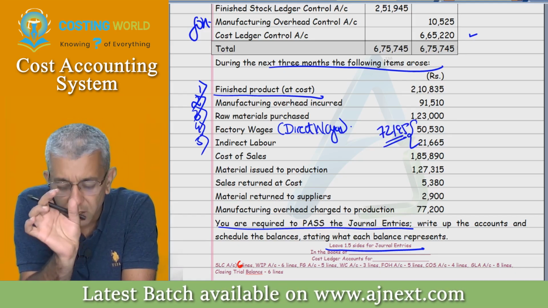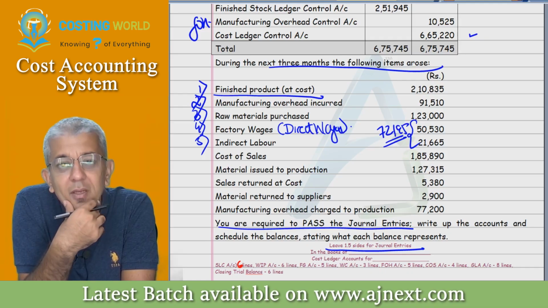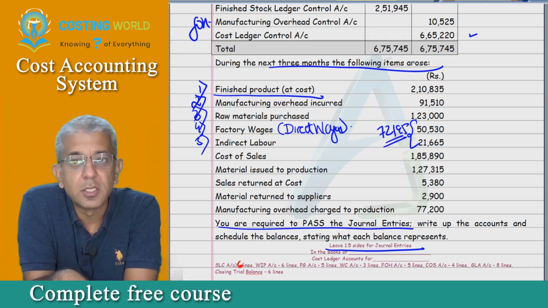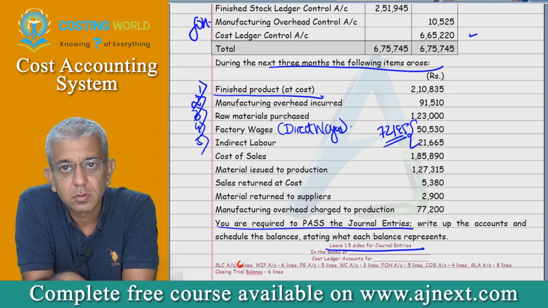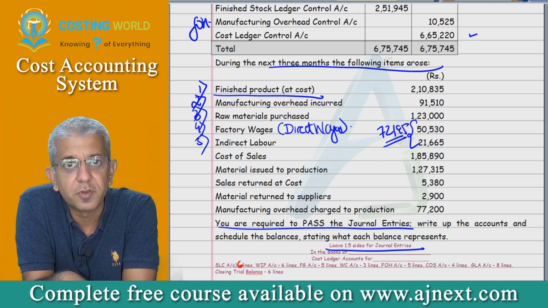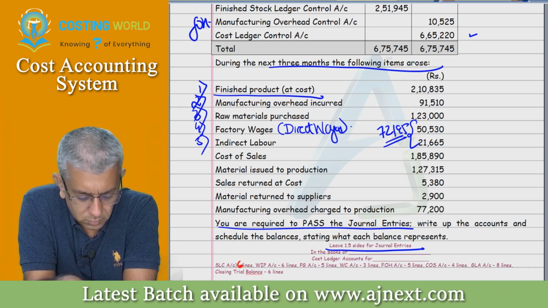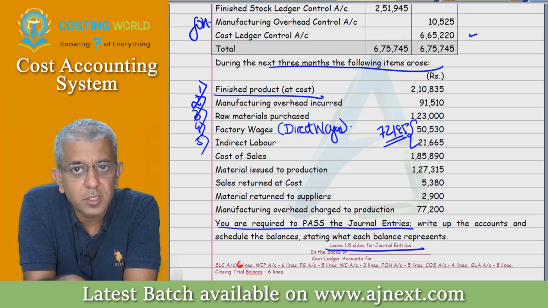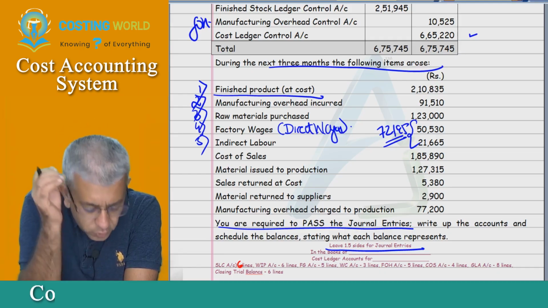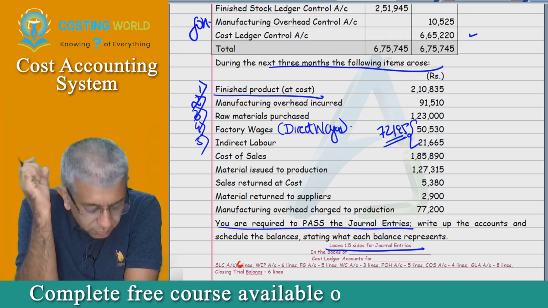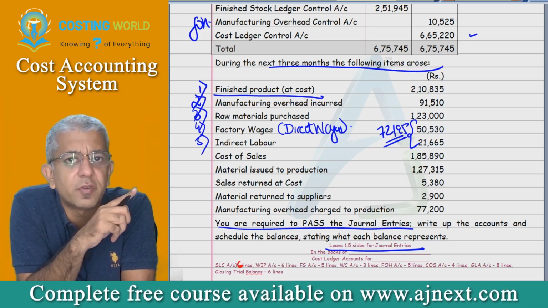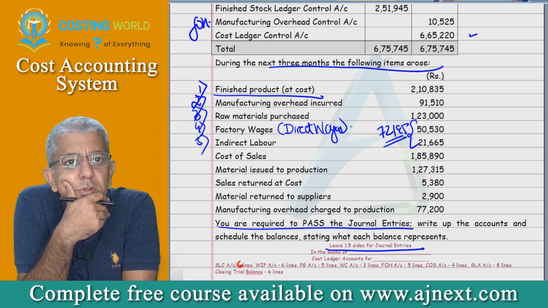Then further, listen. Write down the heading for the fifth one: wages transferred. You're going to be passing two entries now. Which particular two entries? First, direct wages will get transferred where? To WIP.